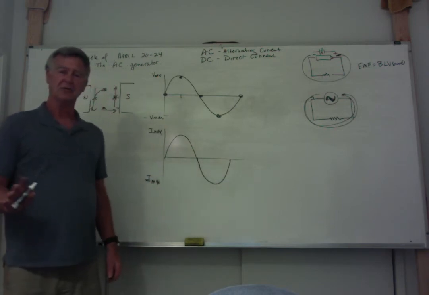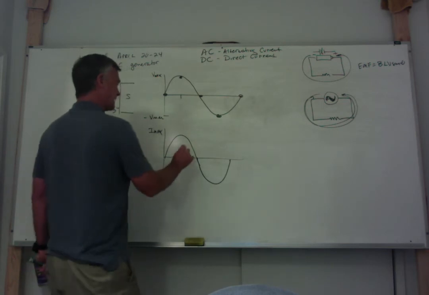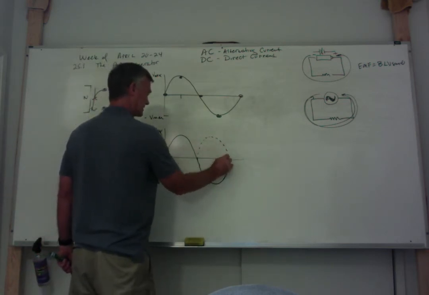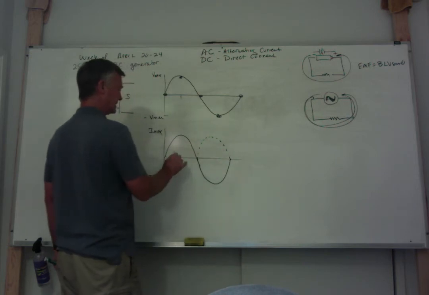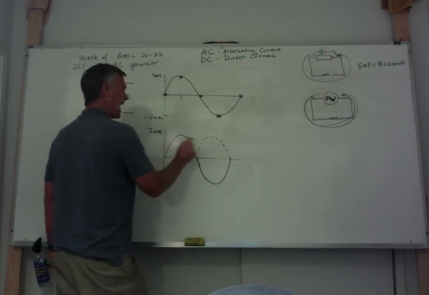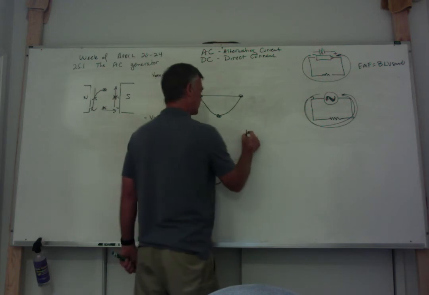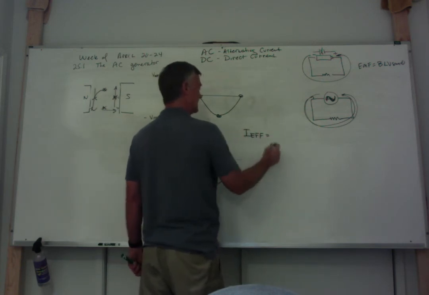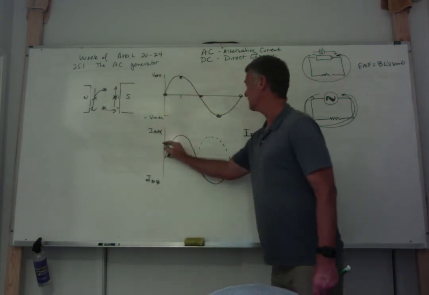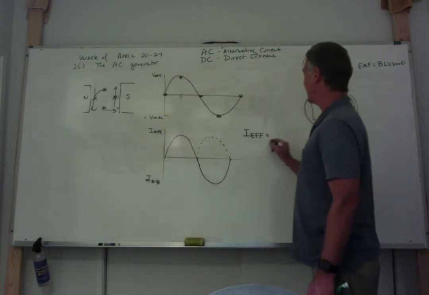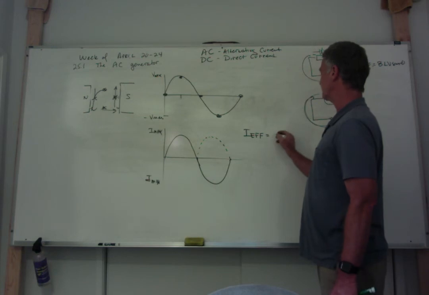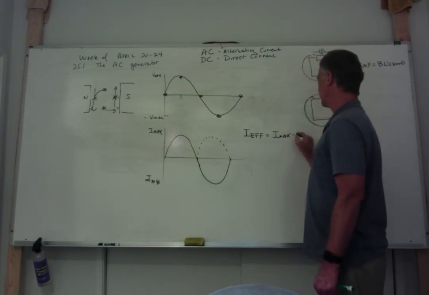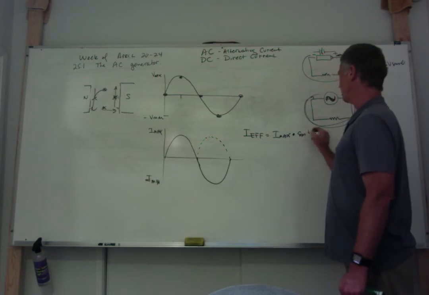But it turns out that if I think of this instead like this, the absolute value of it, what we call not the average current, but the effective current, is right at 45 degrees. And then the effective current is whatever the maximum current would be times the sine of 45.